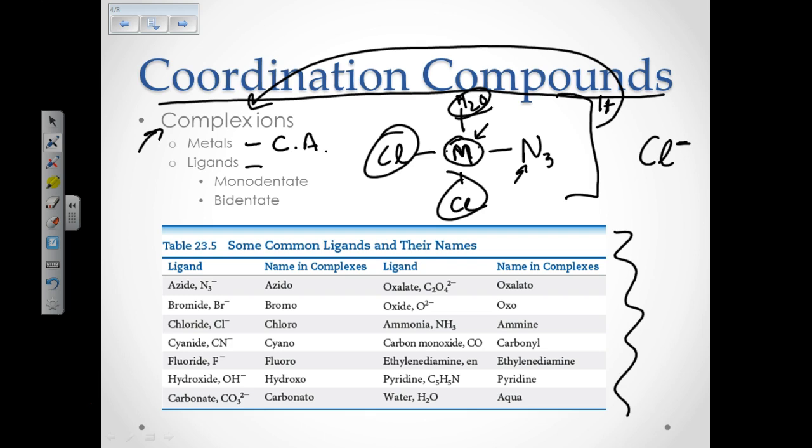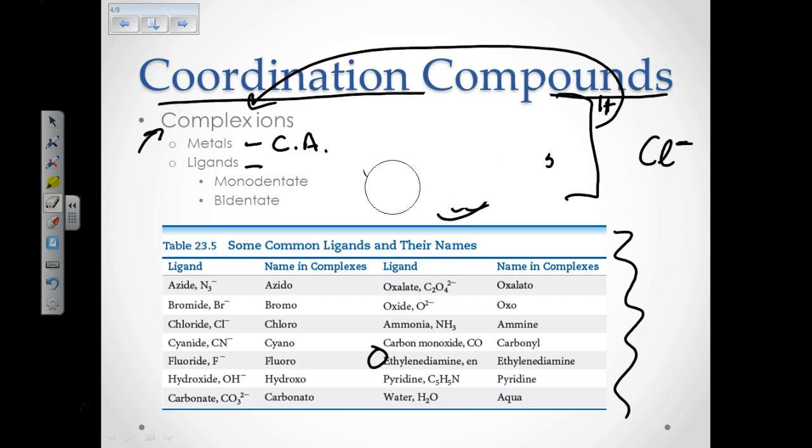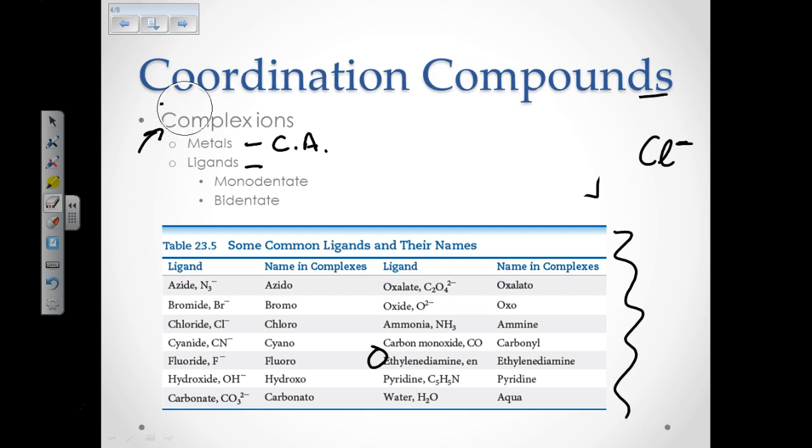Monodentate ligands are ligands that attach only in one spot to the metal. Most things that we're used to seeing in chemistry up to this point will only attach in one place, like this azido group, or this water, or this Cl, or this Cl. It only forms one bond. But there are a couple that are what we call bidentate, like ethylene diamine. Ethylene diamine is bidentate because it will attach to the metal in two places.